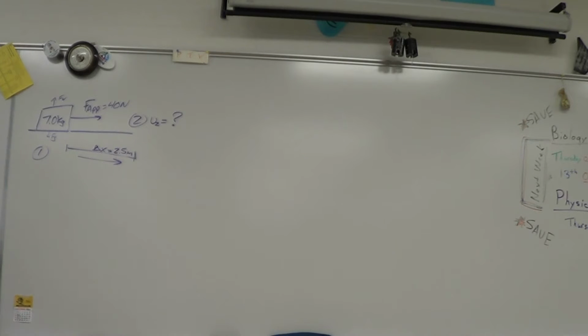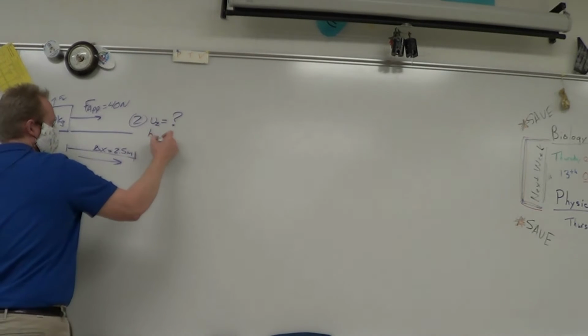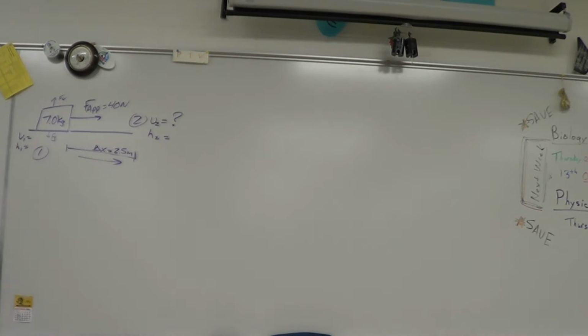Because it's a two location problem, we're looking for v's, h's, and spring stuff. There's zero mention of a spring, so I'm not going to worry about the spring stuff. We're looking for things with PEG, PEE, and KE, just like we did right before break in two location problems. We just had this special type called conservation of mechanical energy.